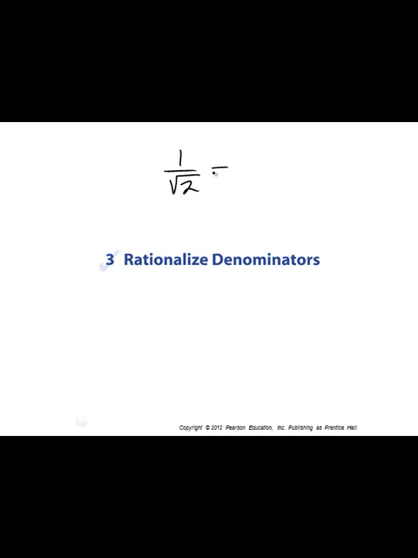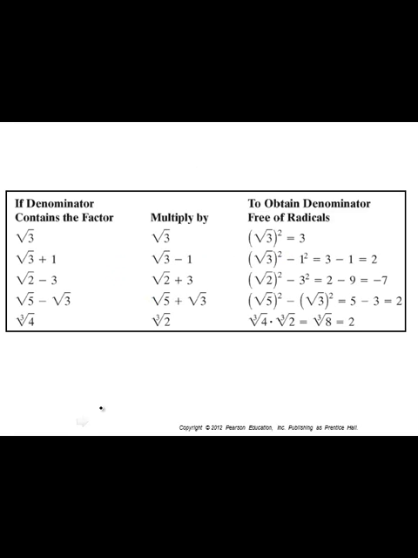But that's going to be the same as square root of 2 over 2, where it's preferable to have some number that is not a radical in the denominator. Okay? So we'll talk about how to get rid of any radicals that are in the denominator of your fraction.